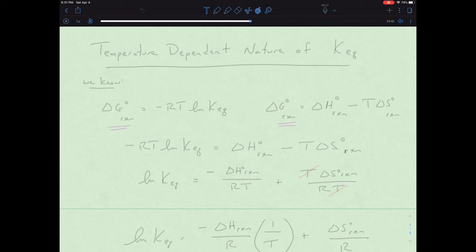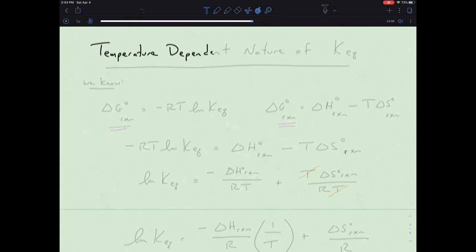All right, Gen Chem Nation, we're looking at now temperature dependence, or the temperature dependent nature of our equilibrium constant.